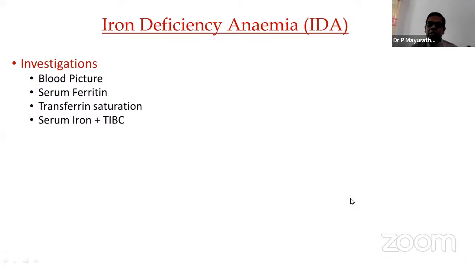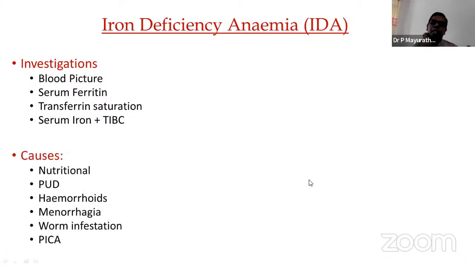If those inflammatory markers are high and you do the ferritin level, it may be falsely high and give you a wrong interpretation that this patient has an adequate level of ferritin. Therefore, it is always better to do the inflammatory markers before arranging the serum ferritin, because serum ferritin is a little expensive investigation.